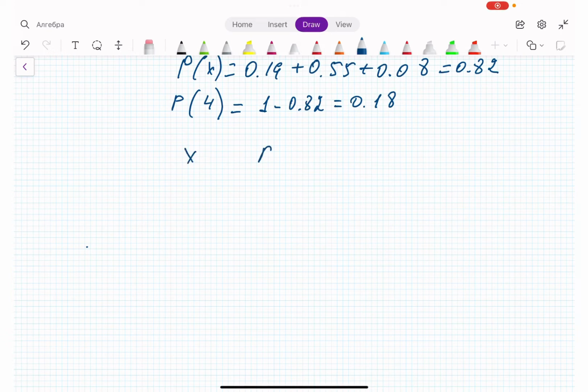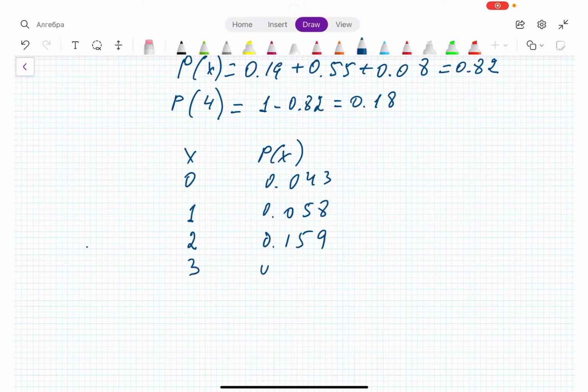X, and here is the probability of X. So we have 0, 0.043. We have 1, 0.058. We have 2, 0.159. We have 3, 0.264. We have 4, 0.221. We have 5, 0.168.